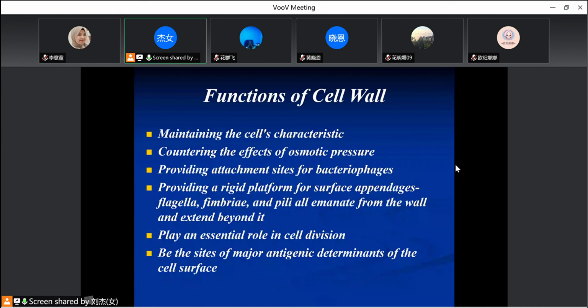And you must remember to memorize the gram-positive and gram-negative cell walls. What's the difference between them?